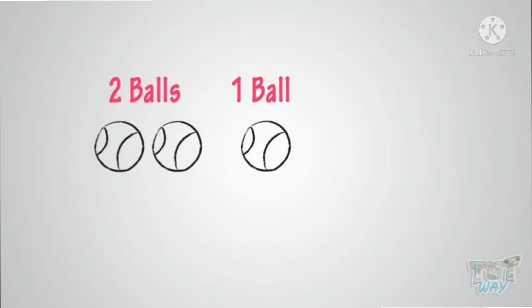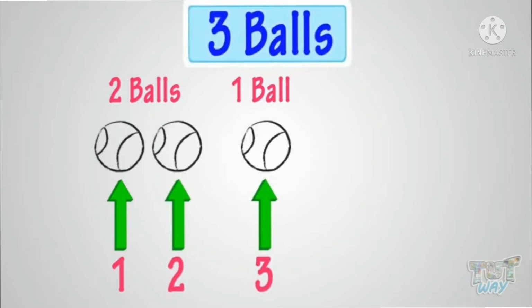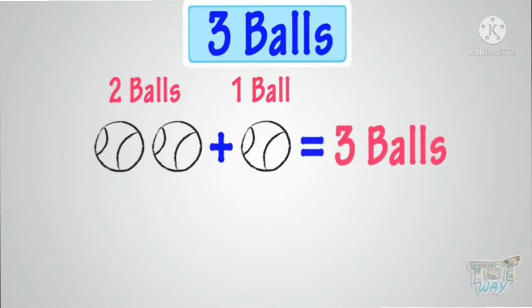Let's count. 1, 2, 3. So there are 3 balls now. That is, by adding 1 ball to 2 balls, we got 3 balls.